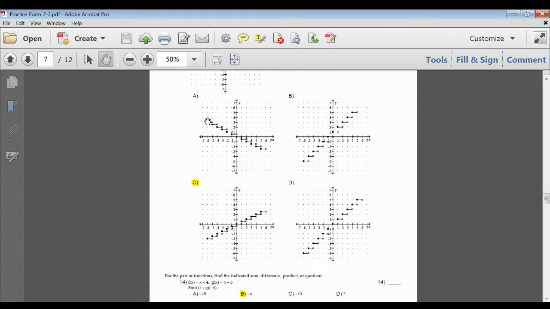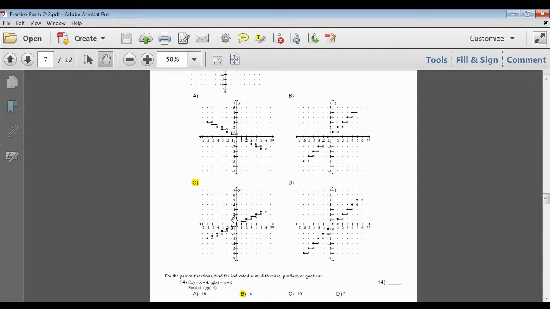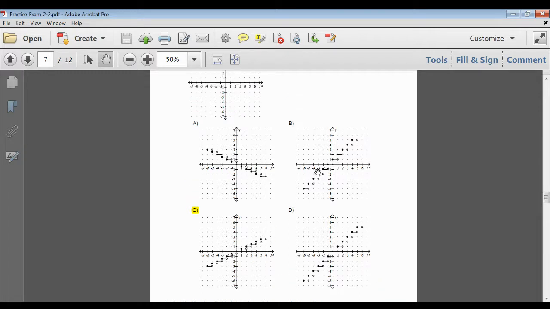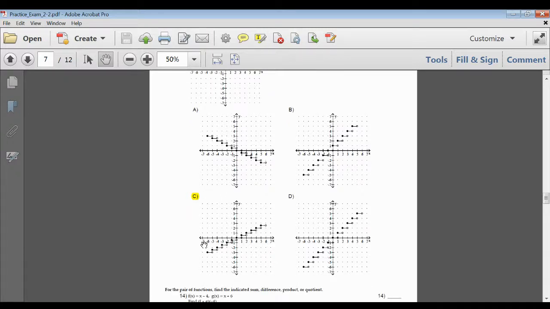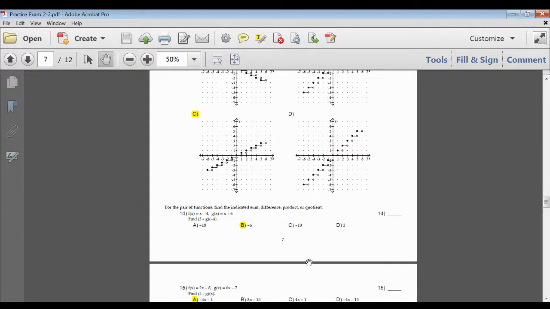And the only one that's going to look like what you see on your graph would be letter C. A and B will look just like this, even if you have to change your window to match this, from x equals negative 7 to positive 7, and that would be exactly what you're doing.